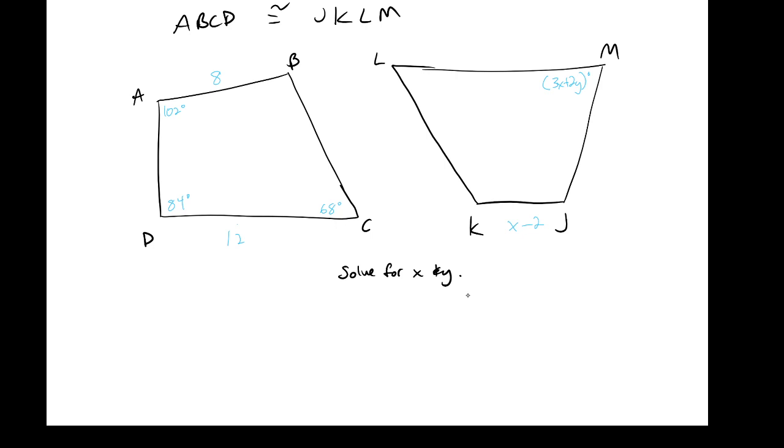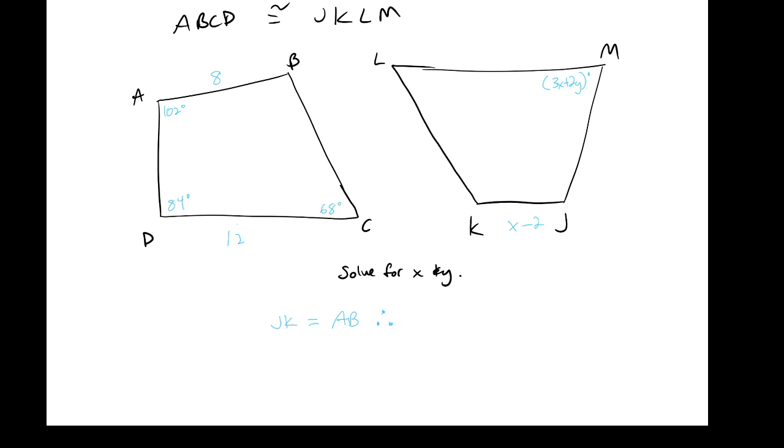So looking down here, I have JK, right? Side JK, that's the first and second. Well, the first and second listed in the other quadrilateral is AB. So AB and JK are of course equal.